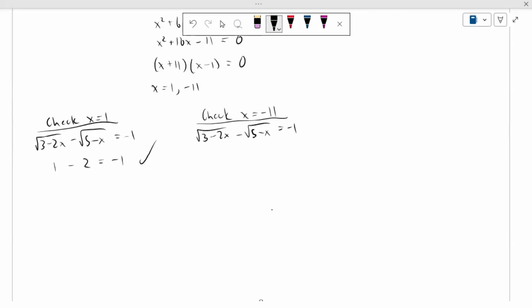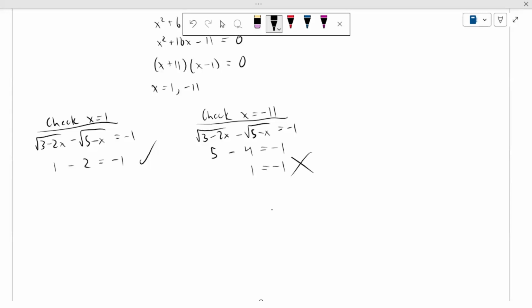If we plug in -11, we get 3 minus -22, which is going to be the square root of 25, which is just 5. And then over here we get 5 minus negative 11. That's 5 plus 11, which is 16. The square root of 16 is 4, right? So we get 1 equals negative 1, which is definitely not true.